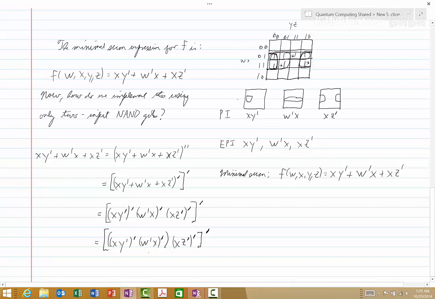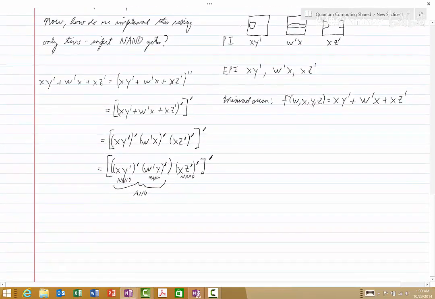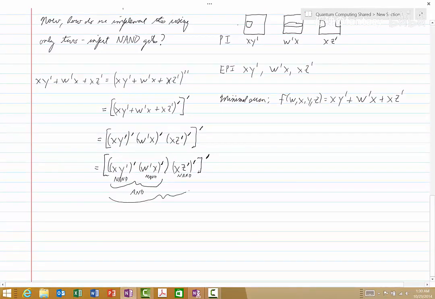So we have NAND, NAND, and then all this is AND, this is NAND, and then those are AND. Actually no, we don't have to do it that way. We could do it like this. We could NAND.